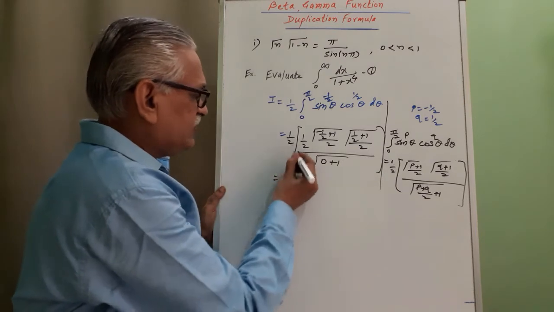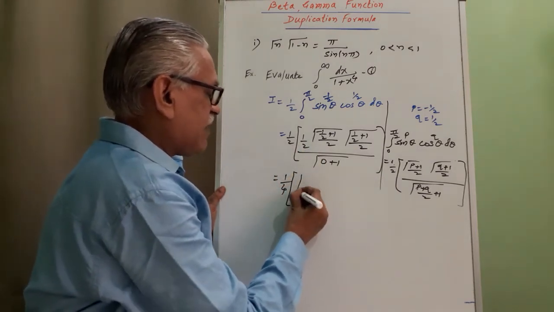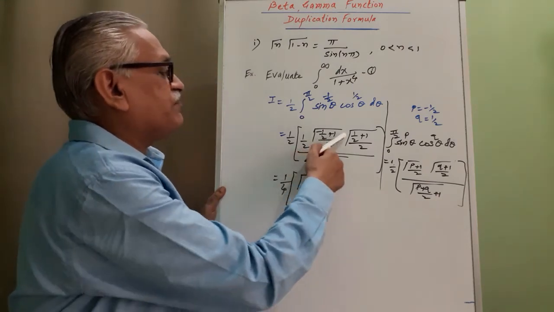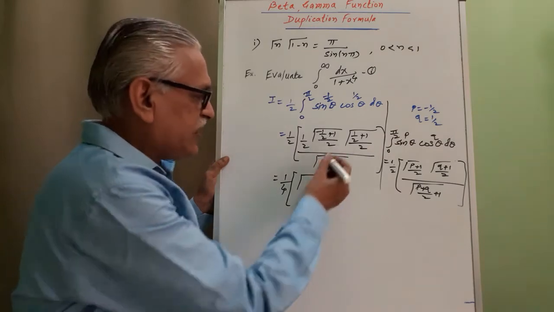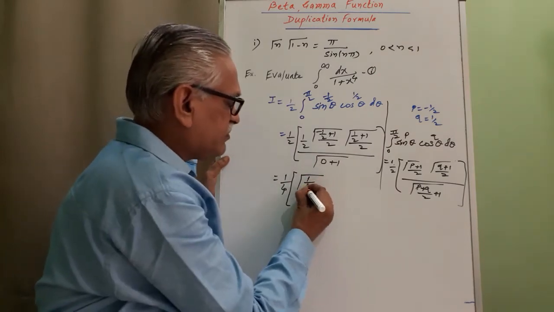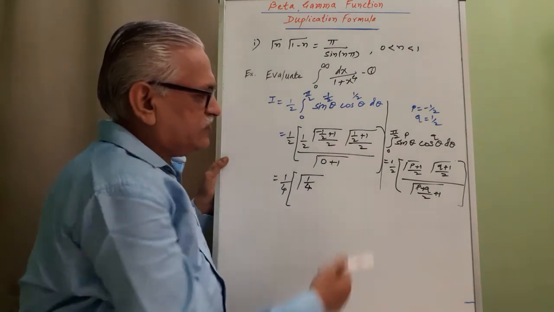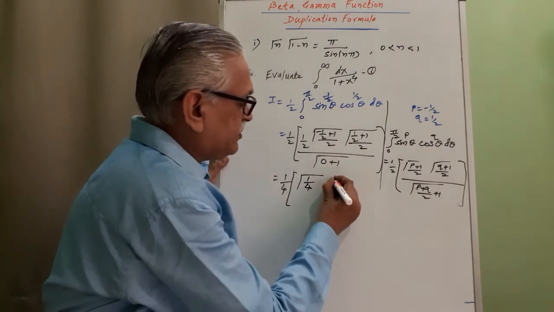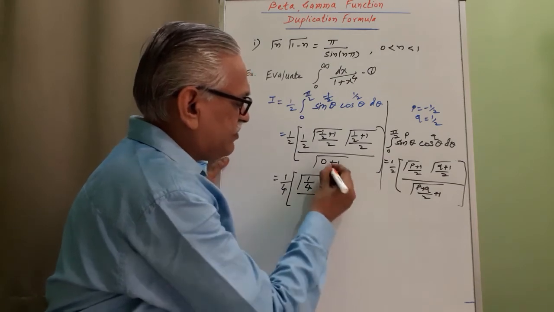Simplifying further, 1 by 2 and 1 by 2 give 1 by 4, gamma of 2 minus 1, that is 1 by 2 divided by 2, becomes 1 by 4 in simplified form. 2 plus 1 gives 3 by 2 divided by 2, which becomes 3 by 4, and the value of gamma 1 is 1.